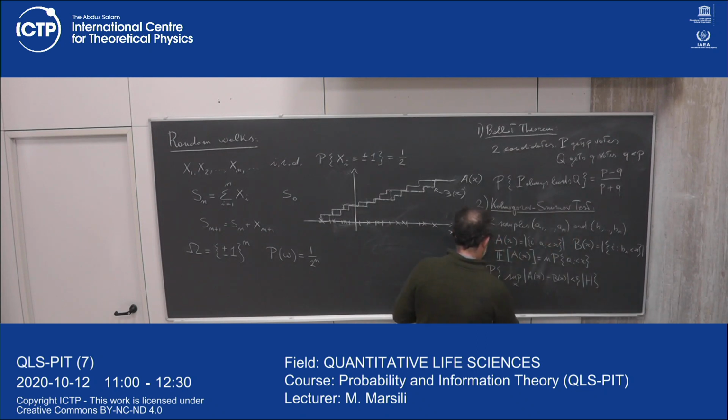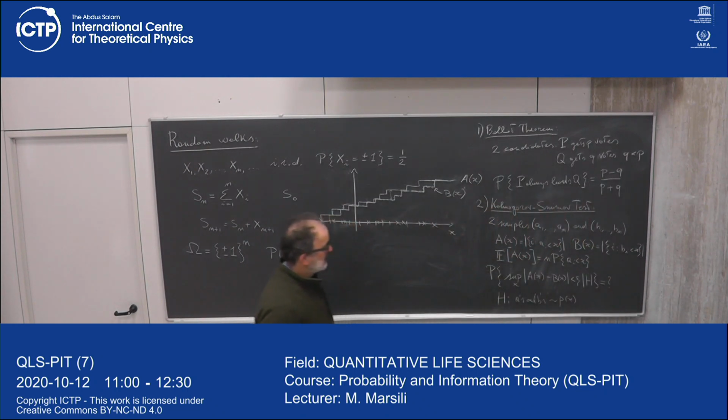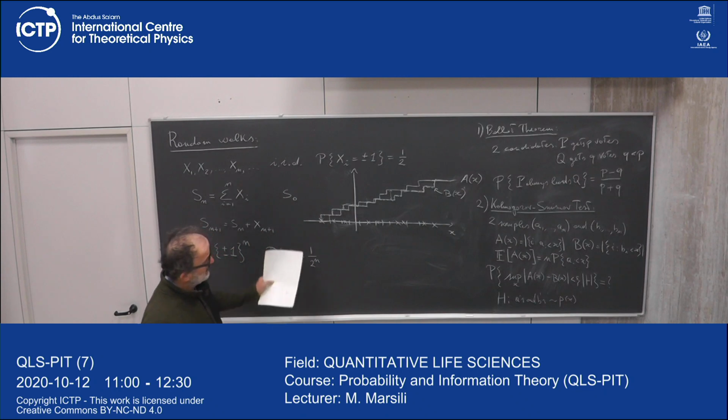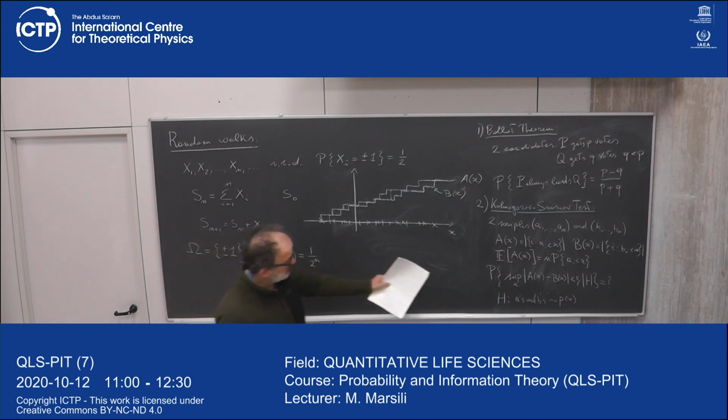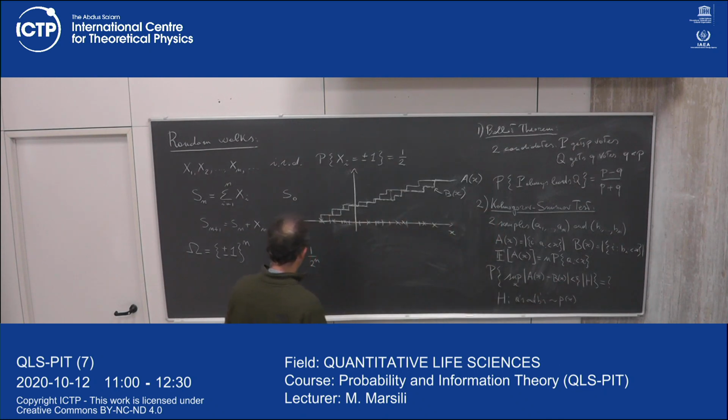The hypothesis H is the hypothesis that the A's and B's come from the same distribution P of x. So can we compute this probability here? And well, the idea is that in order to compute this probability under this hypothesis, you can map this problem into a random walk.